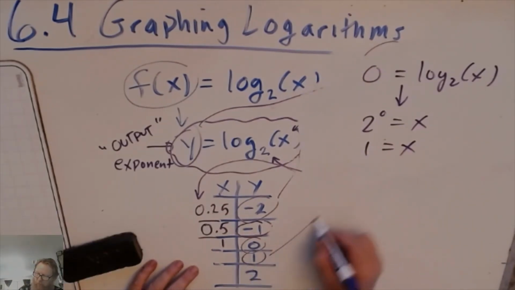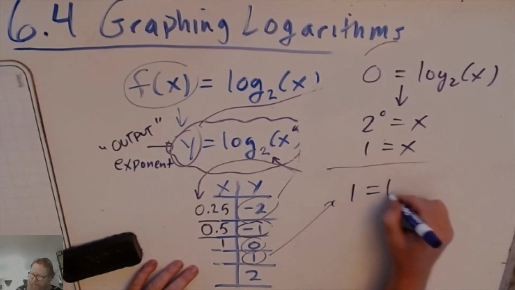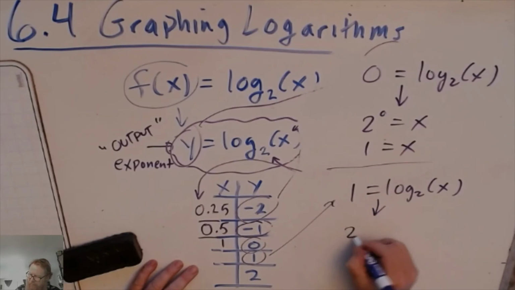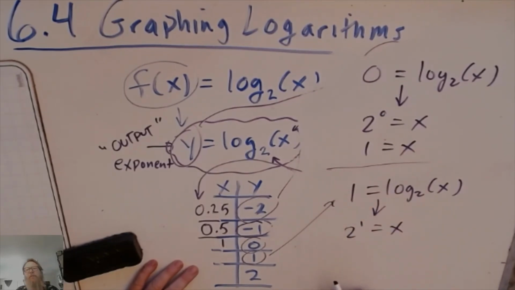How about for 1? 1 is equal to log base 2 of x. So x is equal to 2 to the 1, which is 2. You might recognize these values. The x's today are the same as the y's from a couple days ago.